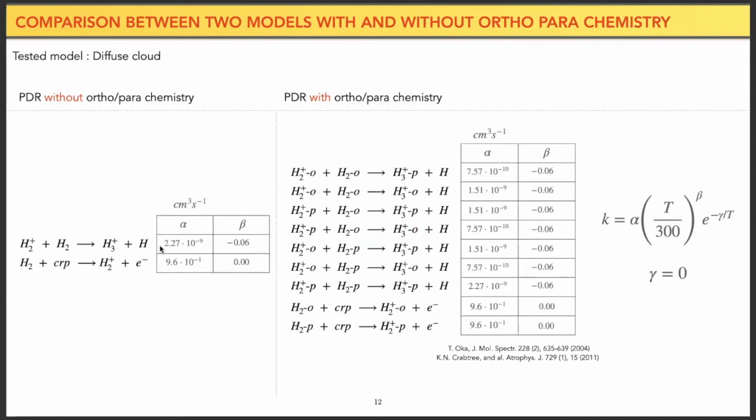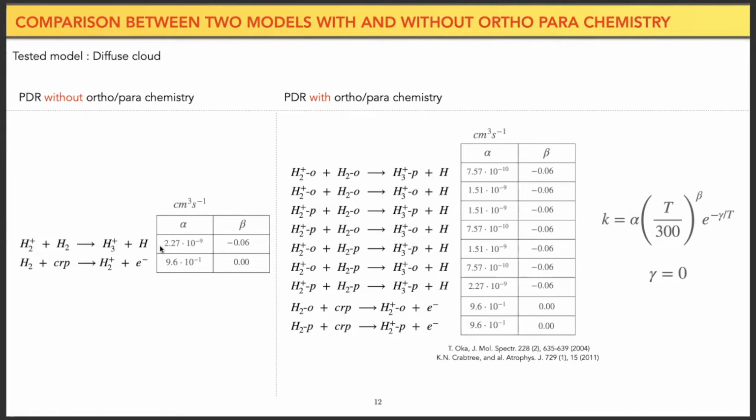So we tested our model on a diffuse cloud with and without orthopara chemistry. On the left, you have the two equations without orthopara chemistry, and on the right, when you take into account all the configurations with the isomers, we have 7 equations for the first equation, and for the cosmic ray ionization, we have 2 equations.